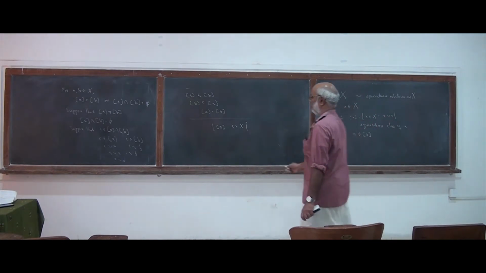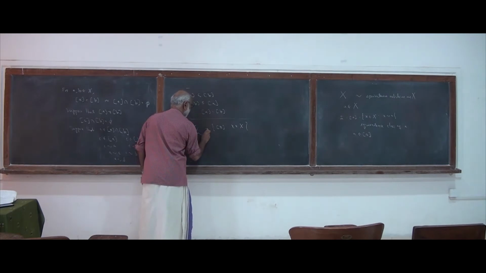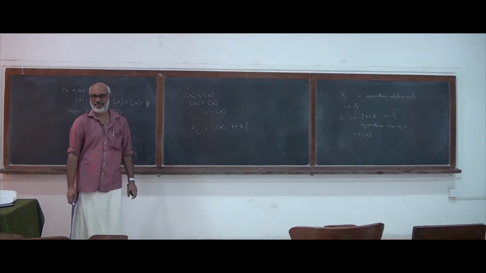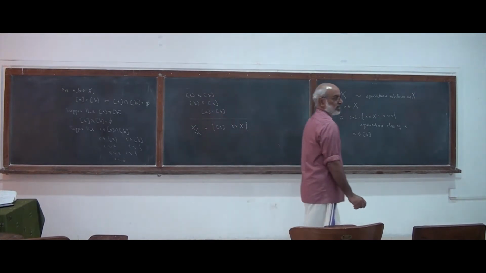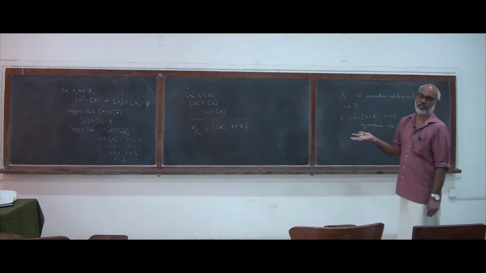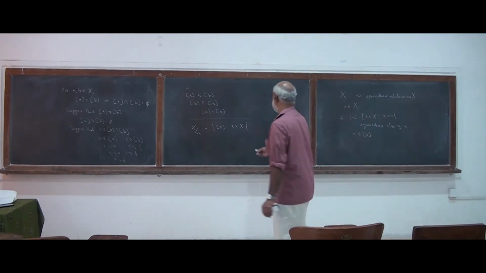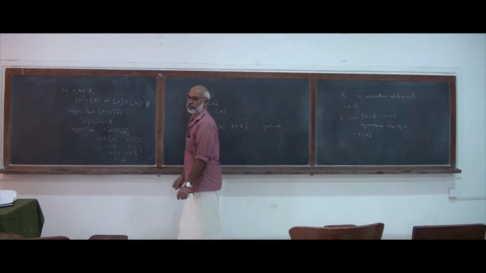Sometimes this is denoted by the symbol x over tilde. That is the equivalence classes of elements of X with respect to the equivalence relation tilde. Sometimes this is called the quotient. This set is called the quotient of the set X.